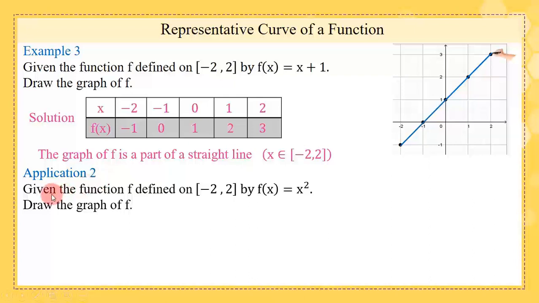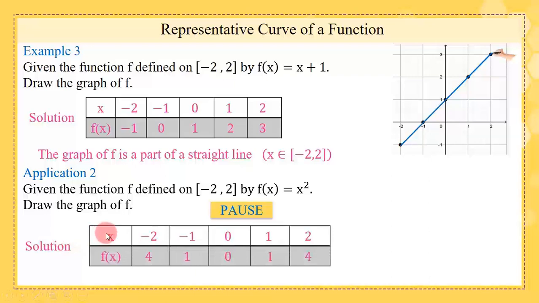Application 2. Given the function f defined on [-2, ...] by f of x equal x squared, draw the graph of f. Pause the video and try to do it by yourself. Solution. First of all, we draw the table to take several particular points. Here we take 5 particular points.